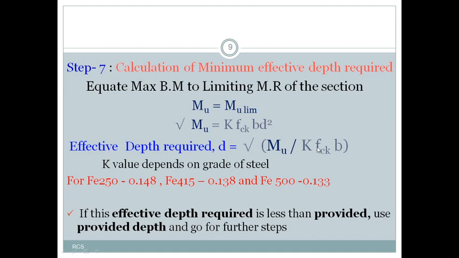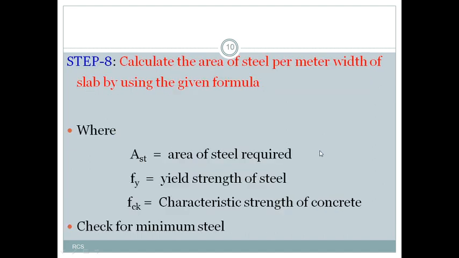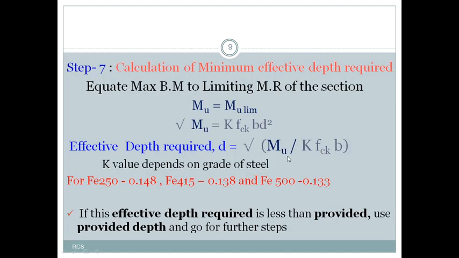Here K is a factor that depends upon the grade of steel. For Fe250 it is 0.148, for Fe415 it is 0.138, and for Fe500 it is 0.133. After substituting the value of K, the given grade of concrete, and 1 meter width of the slab, we can calculate the effective depth of the slab.